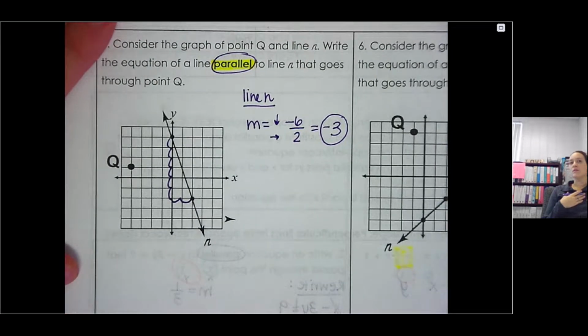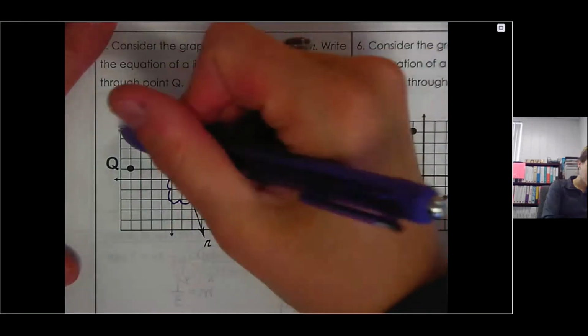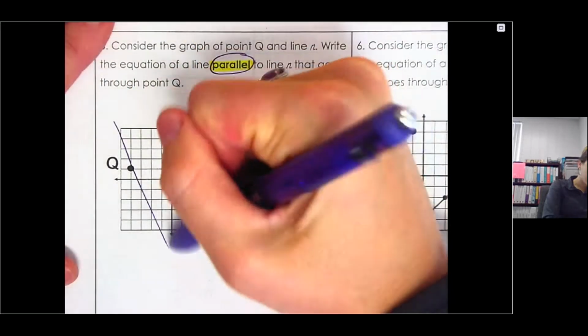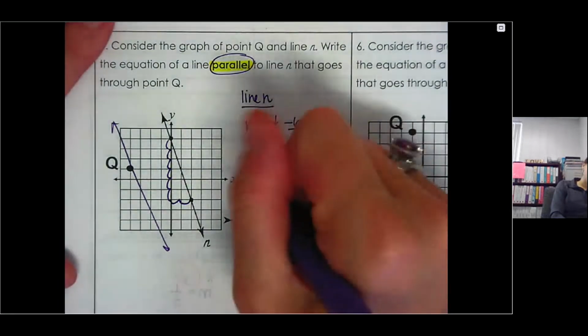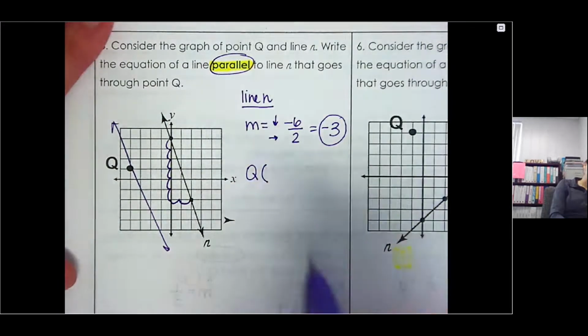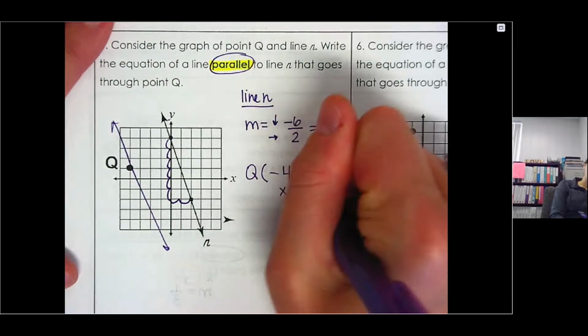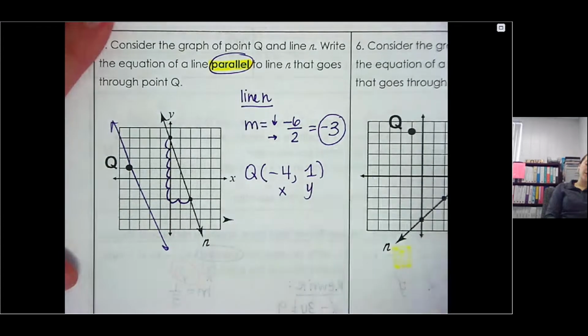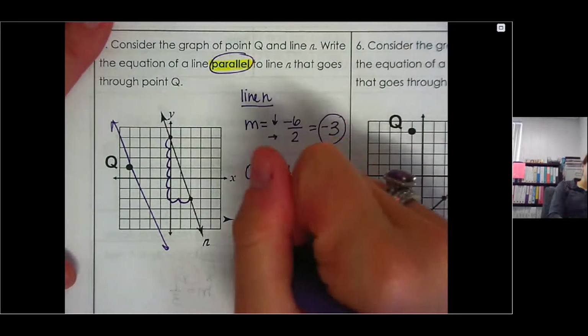Read the question. Goes through point Q. So I better have the coordinates of point Q because I want a line that is parallel, looks something like this, that goes through that point. So what are the coordinates of point Q? -4, 1. There's your X, there's your Y. Now you've got your slope, you got your X, you got your Y. Now it's time to plug in.